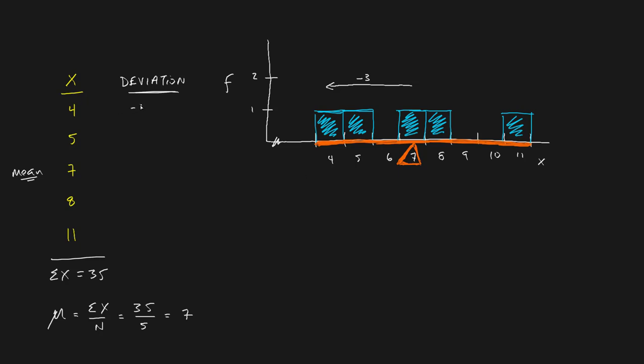And so this is 3 below the mean. 5 is 2 below the mean. And so if I start at my mean and I go back to 5, I have gone back 2. 7 is neither above nor below the mean, but 8 is 1 above the mean. So to get from the mean to the 8, I'm going plus 1. And to get to 11, that's 4 above the mean.